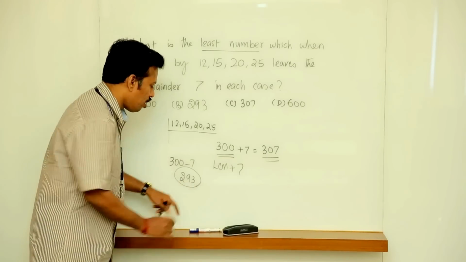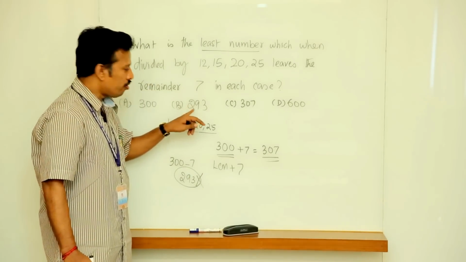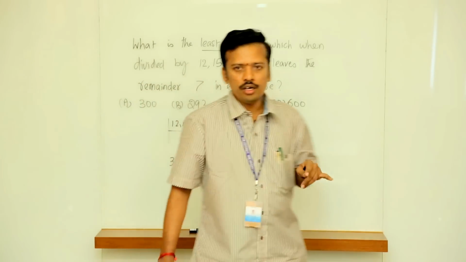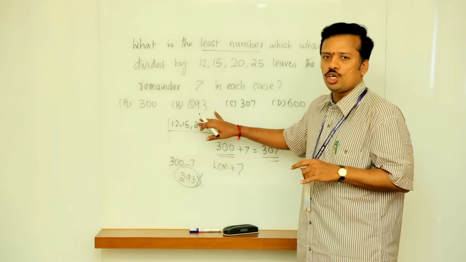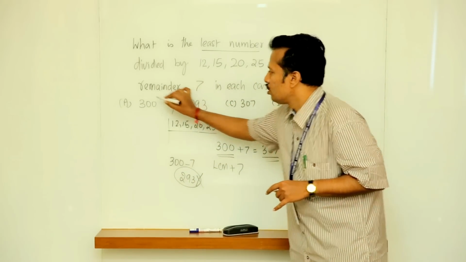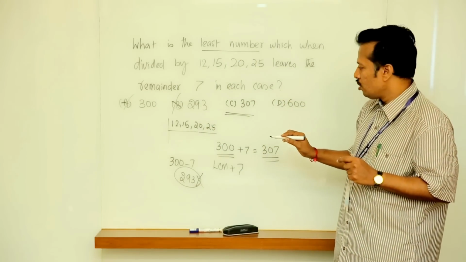It is ending with 3, so this is ruled out. Then take the next choice, subtract 7 again; definitely that is not ending with 0 or 5, so that is also ruled out. So let us take this number 307.